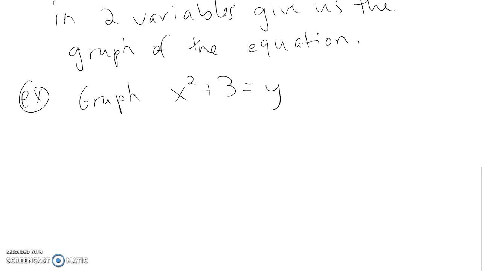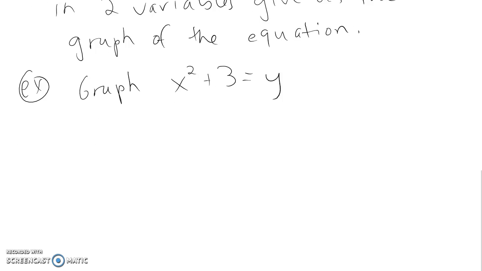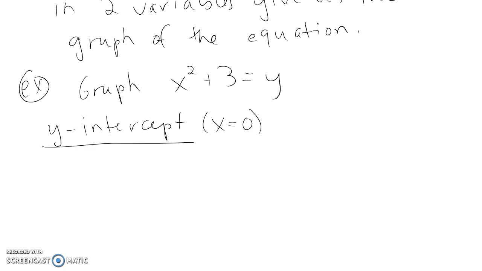The first thing we might do if we're asked to graph any equation is maybe look for intercepts. You're probably familiar with what a y-intercept is. That's where the graph crosses the y-axis, so the x-coordinate would be 0. And you probably also are familiar with the x-intercept. That's where y is equal to 0 and the graph crosses the x-axis.